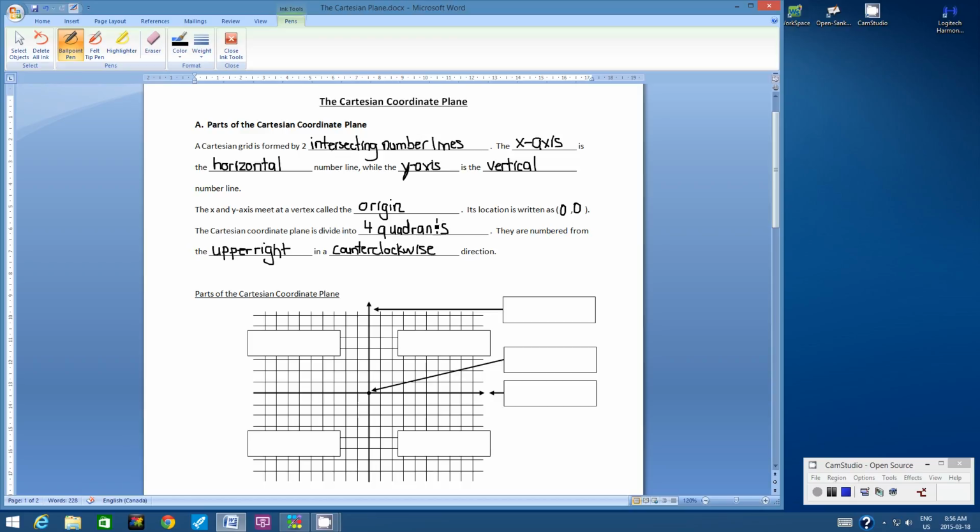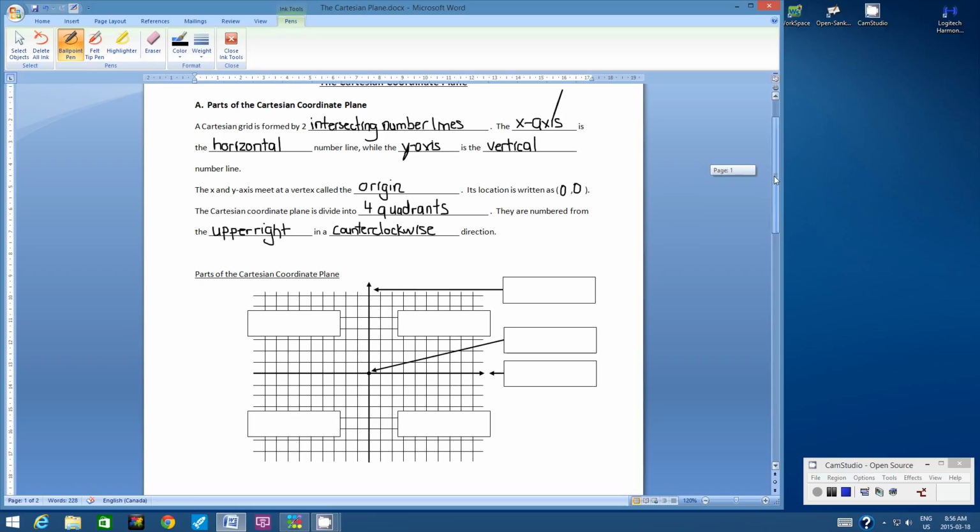So what we're going to do is take those two paragraphs, that part of the note, and see how it looks on this diagram. The diagram is called Parts of the Cartesian Coordinate Plane.